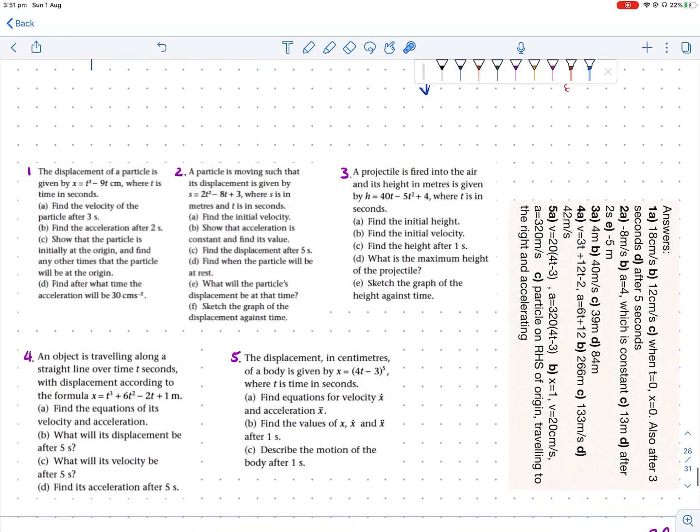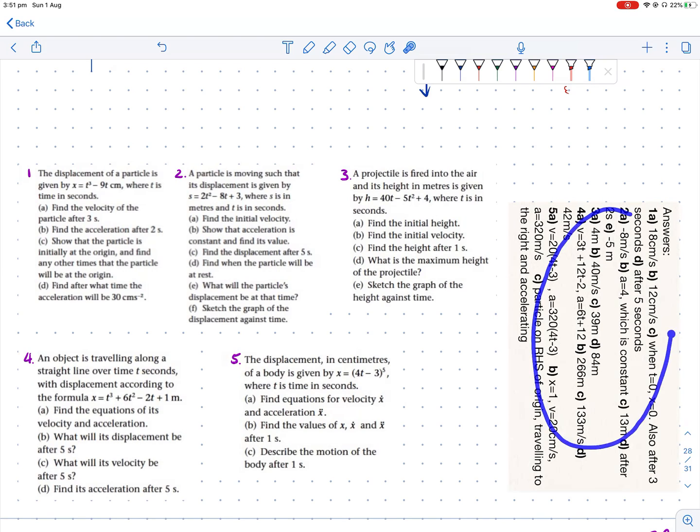So the questions that I want you to do are just down here. I've put the answers over here. Hopefully, it's not going to be too distracting. So if you could work through those questions. For the sketching questions, I haven't provided you with the answer, but what you can do is put those equations into graphing software.